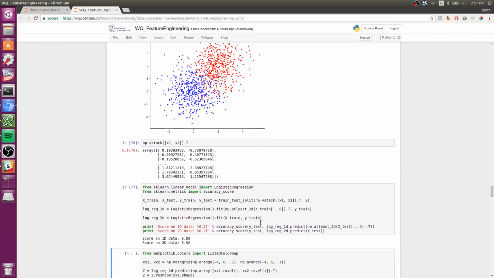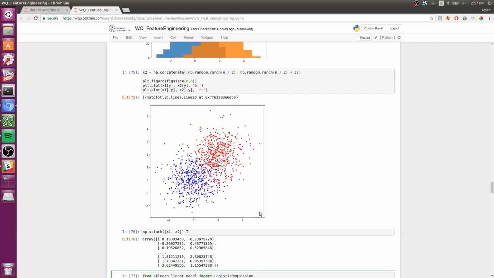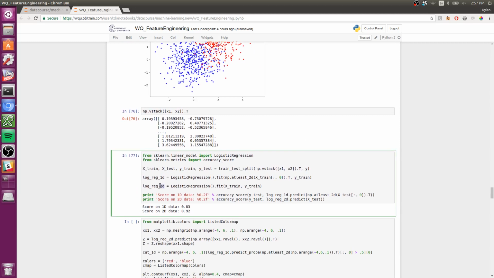So we can consider training two models, one on the full two-dimensional data. So this is a logistic regressor, which will exactly calculate this line of separation between the two classes. And this one works in 2D with the full data set. This logistic regressor works in one dimension with just the first column of the data set, just this axis along the bottom.